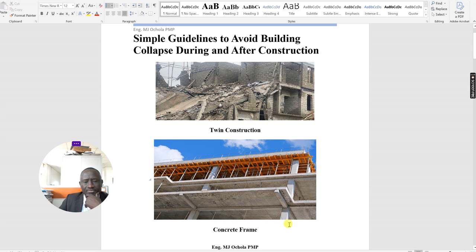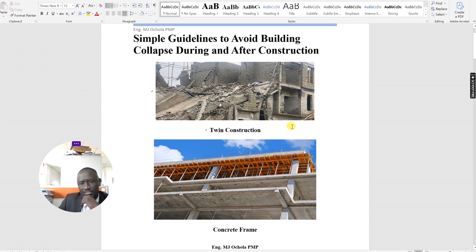So this one is frame construction, but normally we confuse these two constructions during implementation, in that you design as frame, but during construction those guys start doing this. So you find that these columns do not perform exactly the way it is. These columns are not taking the actual loads as it was designed for.